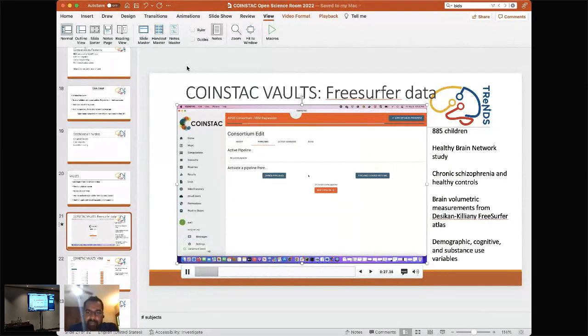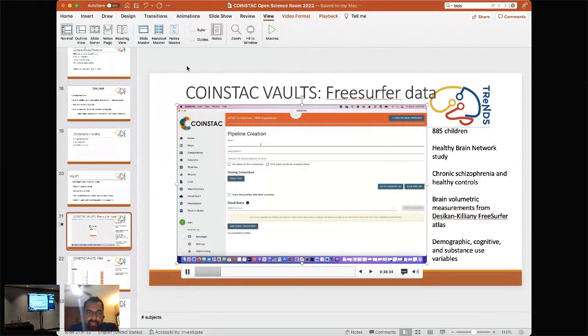Then we select the pipeline. So here we have data from 885 children, and it's FreeSurfer volumetric measurements from the Killiany Atlas.